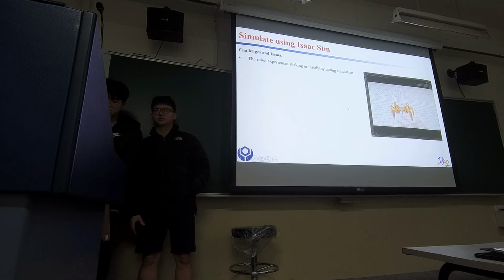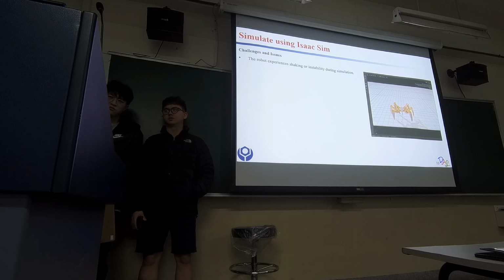Okay, and here are some challenges when we're using Isaac. After fixing the joints, we write some code to make the robot move. But in this video, we can see that the robot is experiencing shaking or instability during the simulation. Here are some possible issues: the time step is too large and there are overlapping collision bodies.